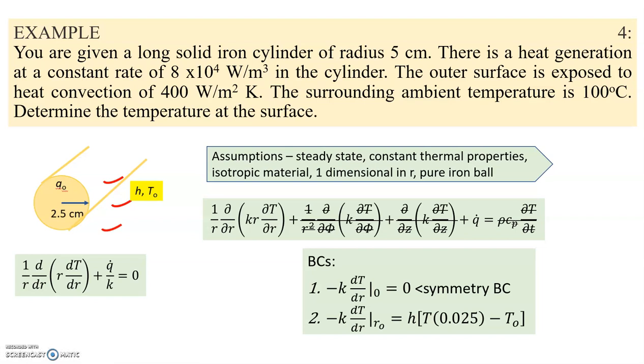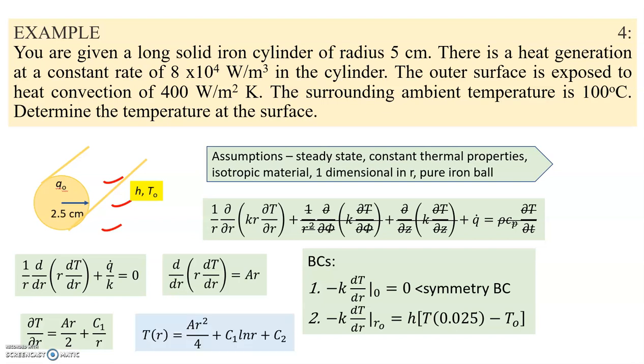And you have two boundary conditions. It's a solid iron cylinder, so you have the symmetric boundary condition at the center, as well as the convective heat transfer boundary condition. And you integrate, you will get the profile within the cylinder, which is dependent on the radius, because we have assumed that it is one-dimensional in r.